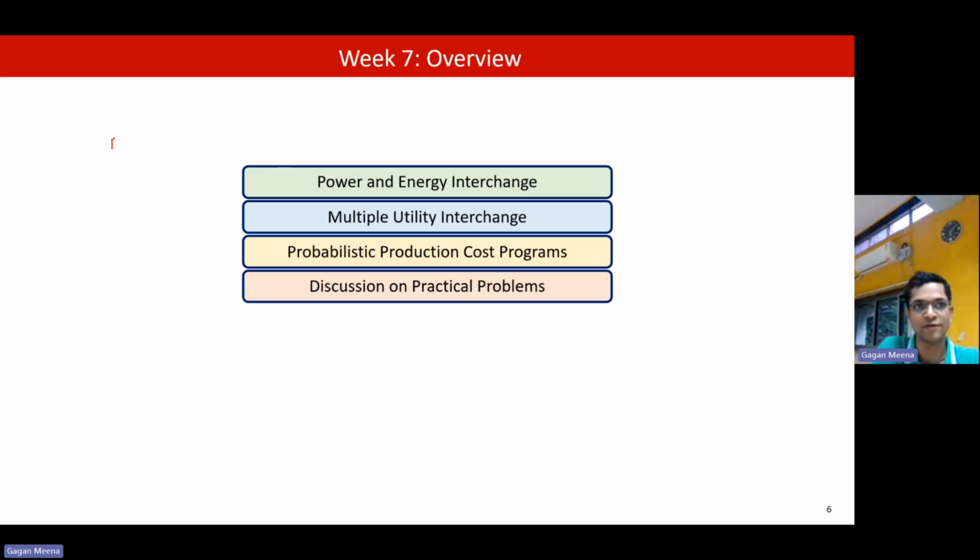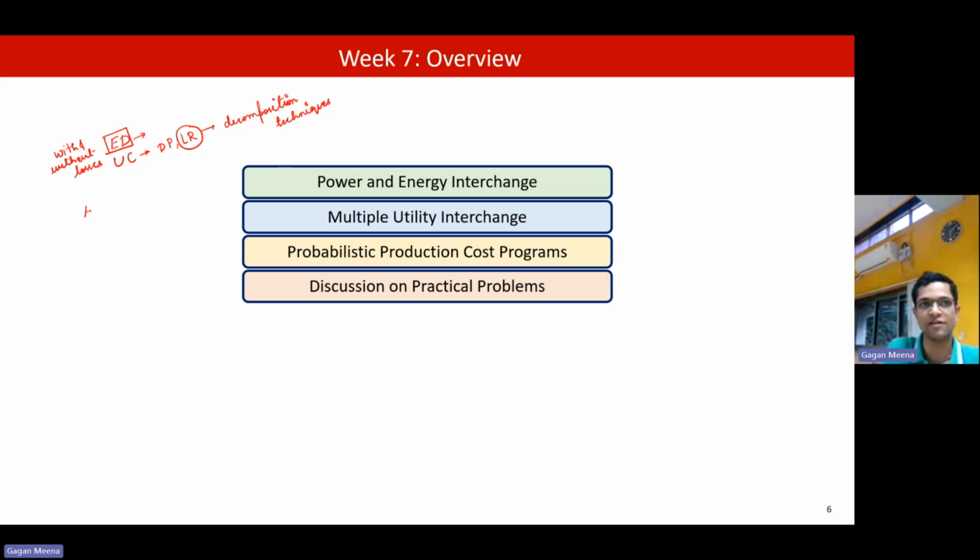After that, we moved on to economic dispatch and unit commitment. We saw different methods of economic dispatch and different methods for unit commitment, like dynamic programming, then Lagrangian relaxation, which is one of the decomposition techniques. Economic dispatch also we have seen with and without losses, and how to treat the loss function.